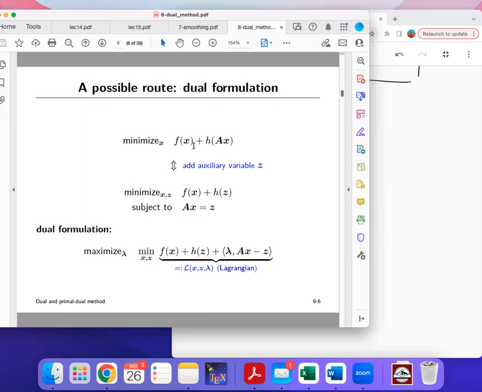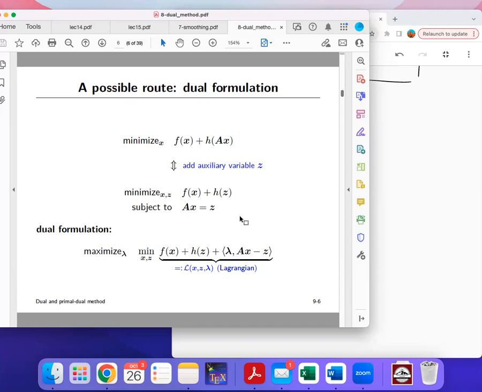Looking at f(x) plus h(Ax), we can define Ax to be an auxiliary variable z, and then we just need to add such an equality constraint. These two problems are equivalent because of that equality constraint, subject to z equals Ax.